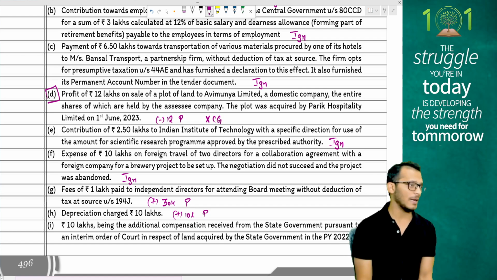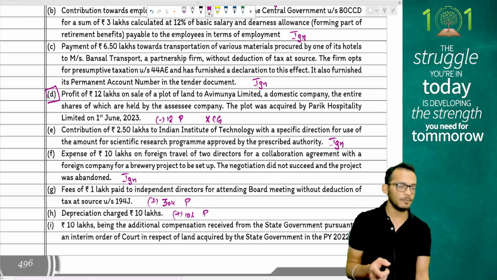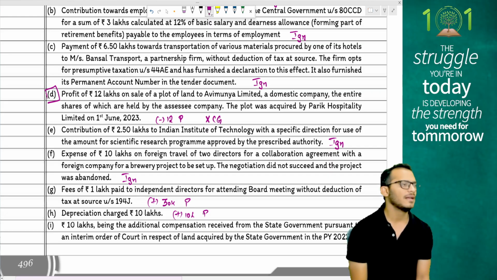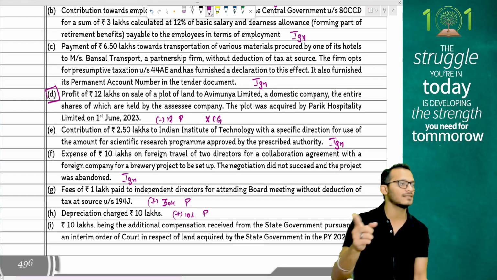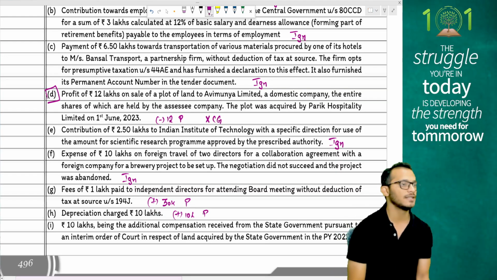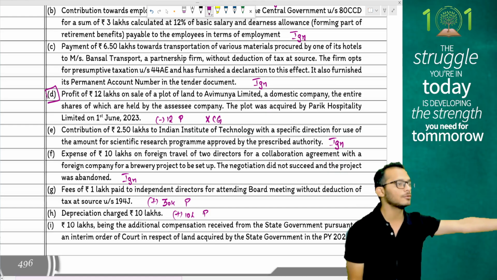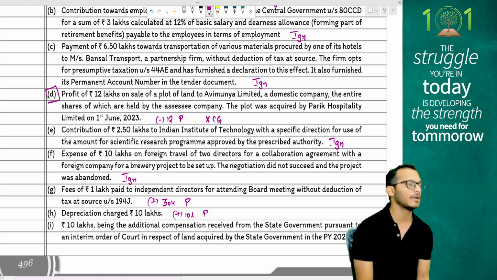Now, chapter of capital gains says, people, when it comes to compulsory acquisition, any enhancement of compensation will be taxable in the year in which the money is received. Only interim compensation is taxable in the year in which final order is received. This is enhanced compensation, taxable when it is received. People, this is compulsory acquisition of 22-23. Did you tax it in 22-23?